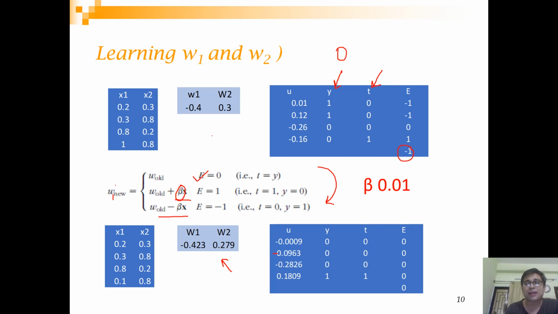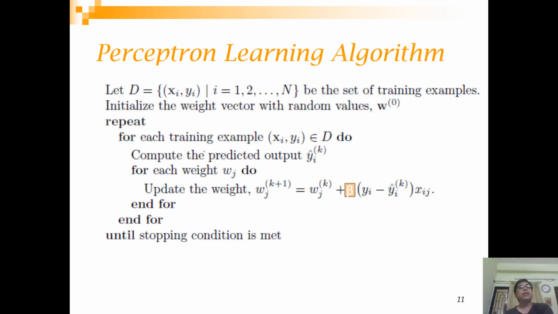So let's look at this perceptron learning algorithm more formally now. You will be given a data set with xi and yi, for the training observations. We start by initializing the weight vector with random values, and then for each training observation we compute the predicted output, represented as y.